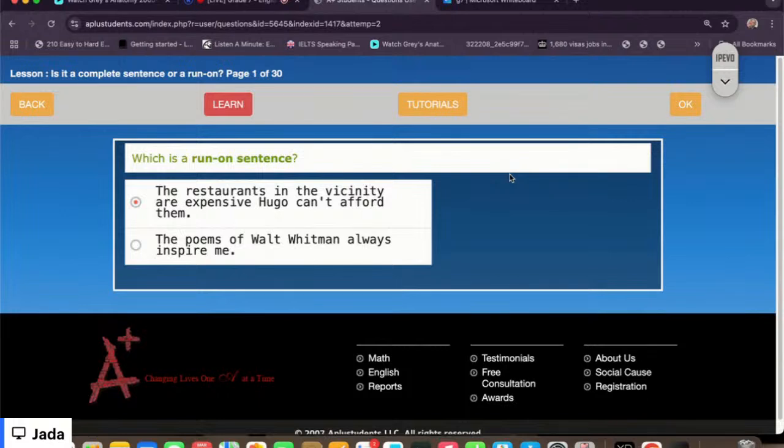Alright, so the first is the run-on. The restaurants in the vicinity are expensive. Hugo can't afford them.